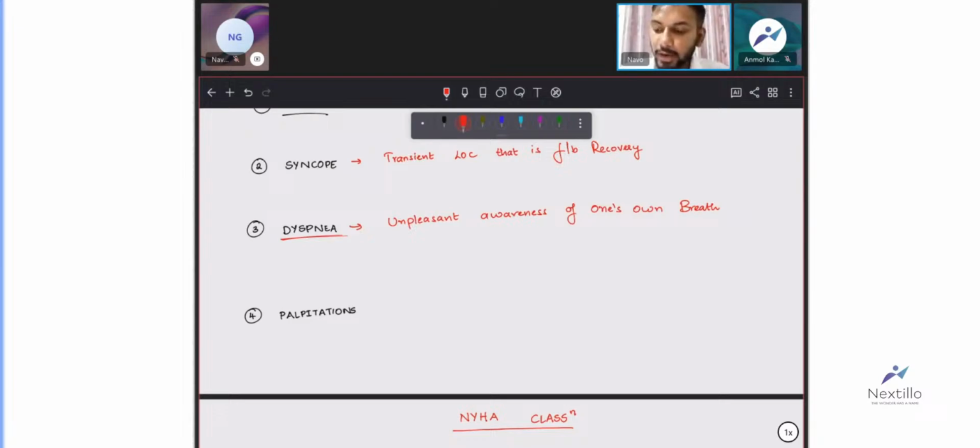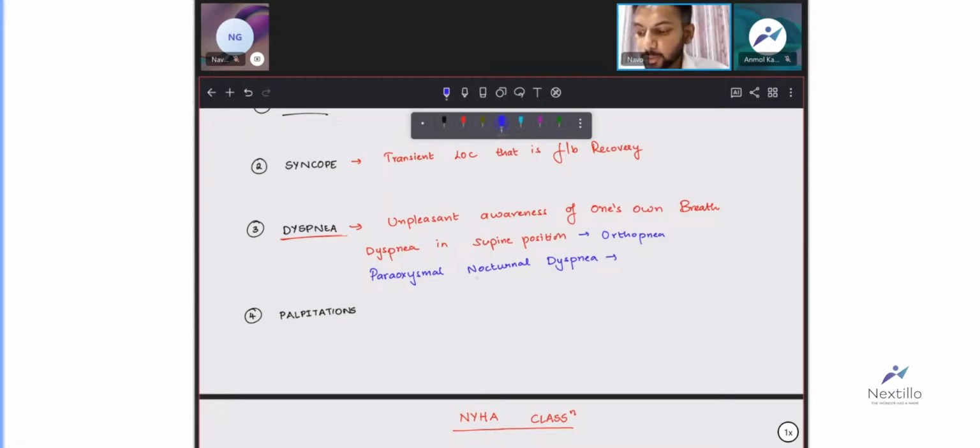If you get dyspnea in supine position, that is known as orthopnea. Next, we are left with one more thing, that is paroxysmal nocturnal dyspnea. What is the meaning of this? It is given in the name.